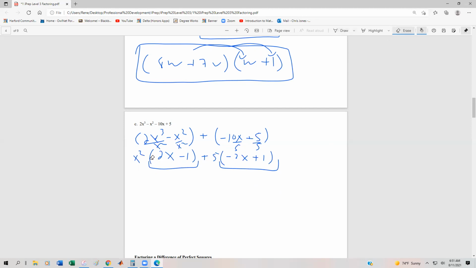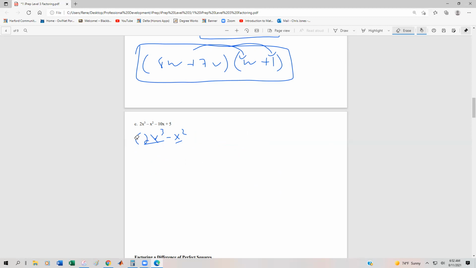Right? Here's the trick with these. An easy way that I've found to be able to factor these: if the third term is negative, I'm just going to go ahead and take that third term and put a negative on the outside. In other words, I'm going to factor a negative GCF.